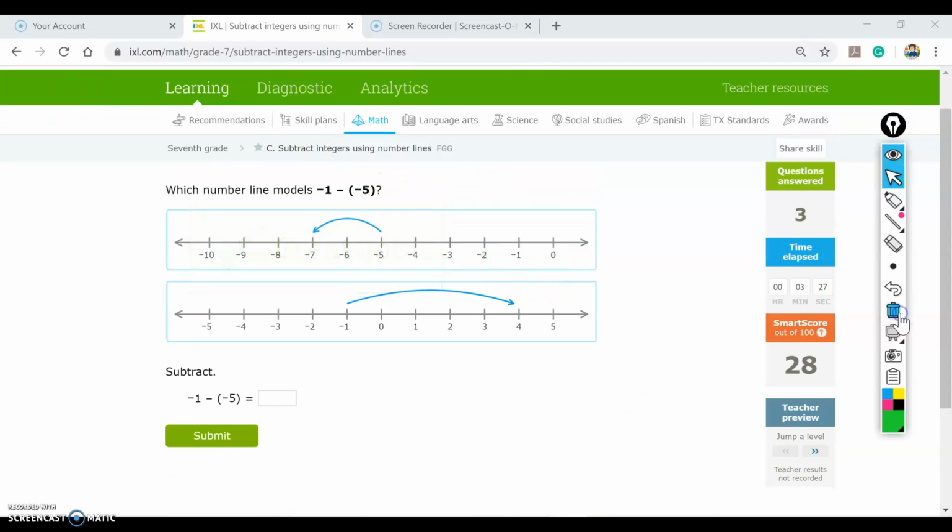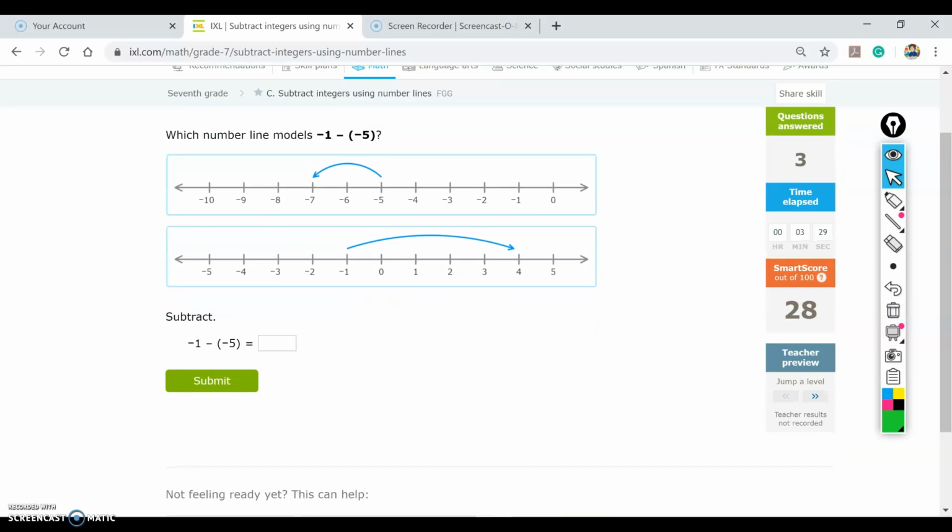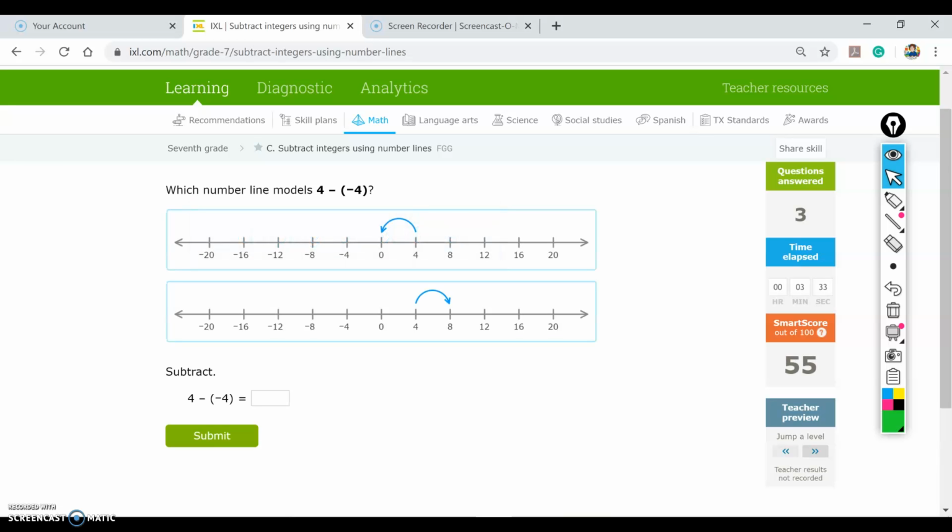There you go. Okay, let's get ahead to see what type of problems you are going to get when you get to the 50s. Okay, let's do this one. It is exactly the same thing because you have to start on whatever number they give you first. So it's +4 here. That means your answer could be either one because they both start at +4.